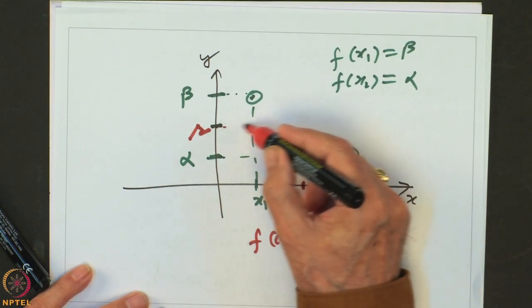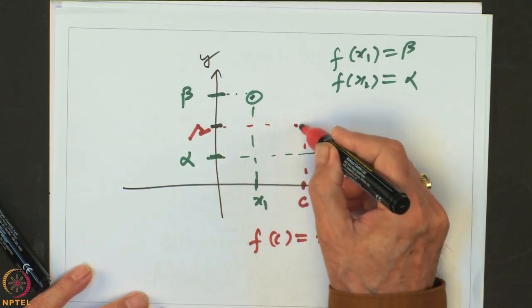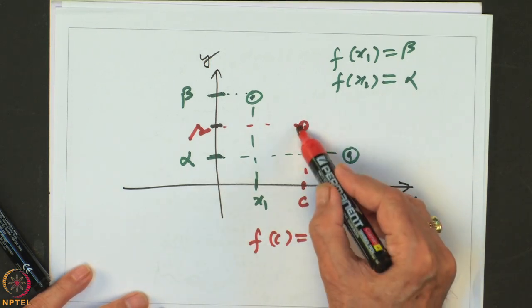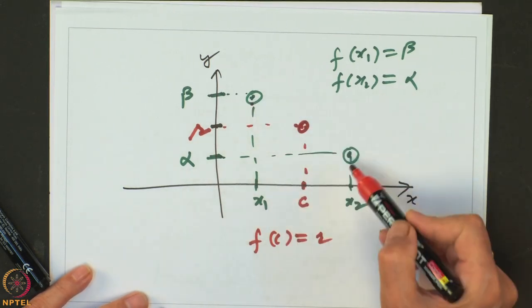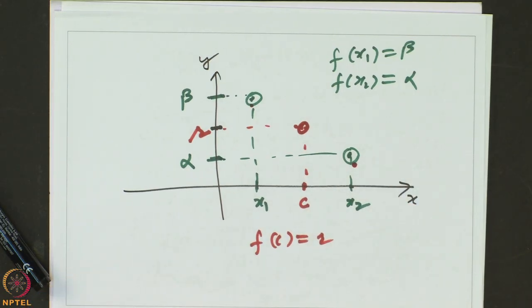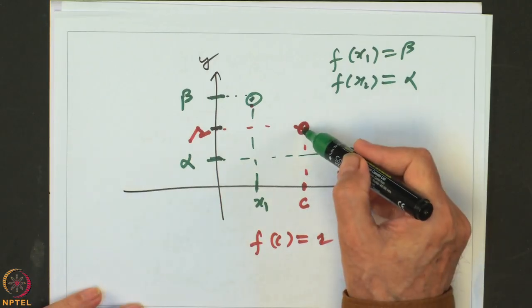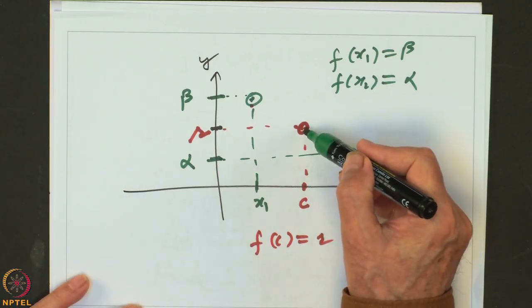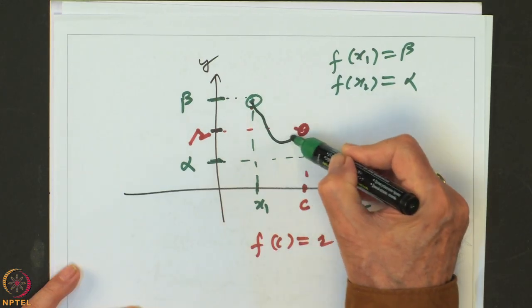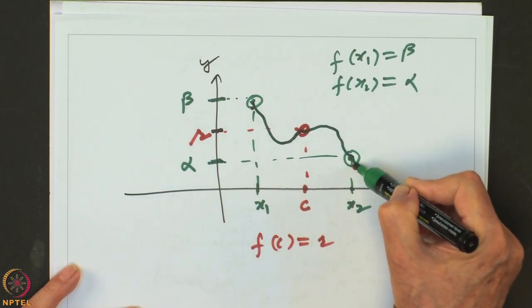That means, if this point is on the graph, this point is on the graph, and the function is continuous, then the graph must pass through this point, right. So, the graph should look like probably this.